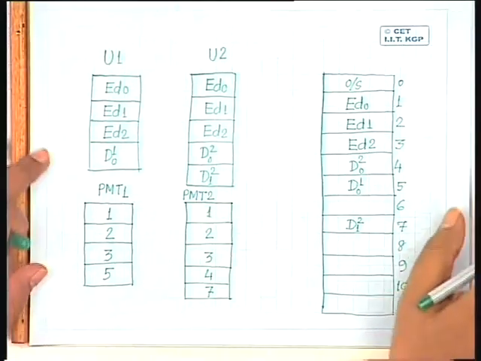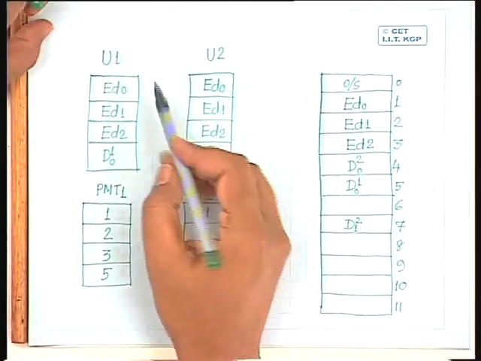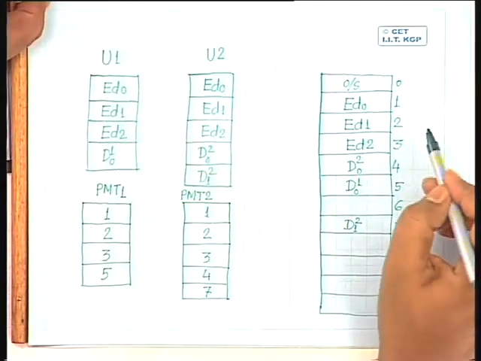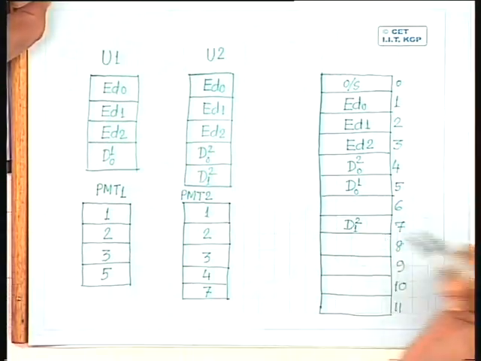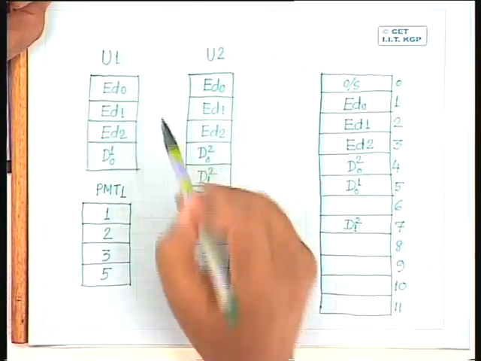Okay. So by making use of this paging concept, we can allow sharing of the same code by more than 1 process. Of course, the only restriction is that the code should not be self-modifying. That is, during execution, the program should not modify itself. And such a code is also called re-entrant code.